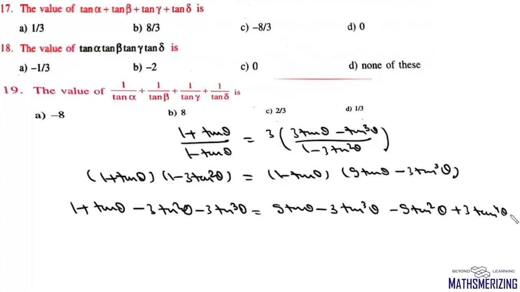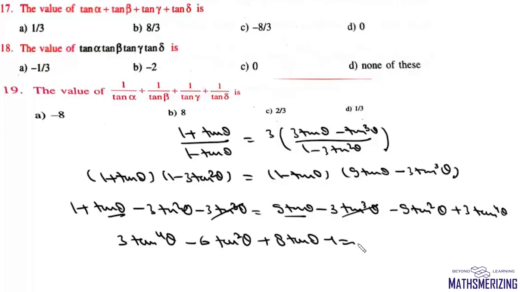Now the 3 tan cube theta will cancel. We can write this equation as 3 tan to the power 4 theta minus 6 tan square theta plus 9 tan theta minus tan theta, so it will be 8 tan theta minus 1 equals 0.